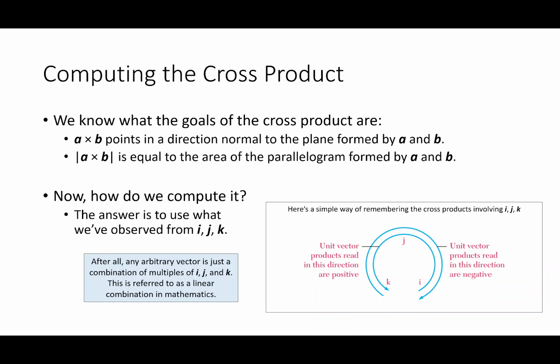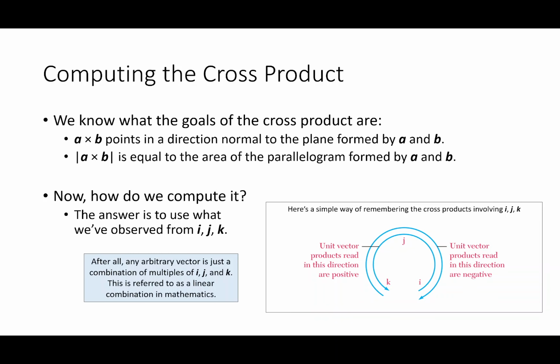So if I had this vector, and then this vector, let's say that I had these vectors, and I wanted to determine P cross Q. How do I do that? The same way. I do this times this, this times this, this times this, this times this.